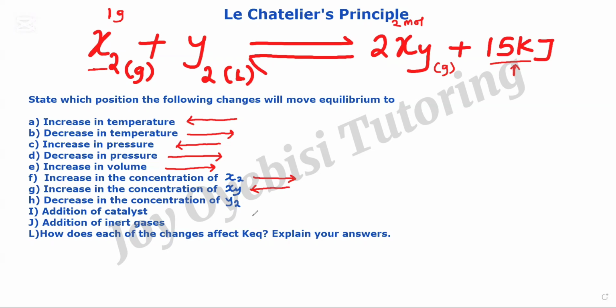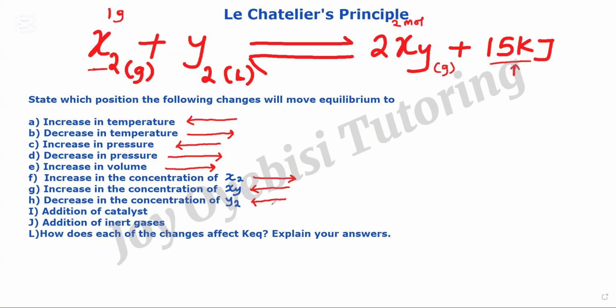If we decrease the reactant, equilibrium moves towards the reactant in order to increase it back. So a decrease in the concentration of reactant will favor the reactant, while an increase in the concentration of the reactant will favor the product.